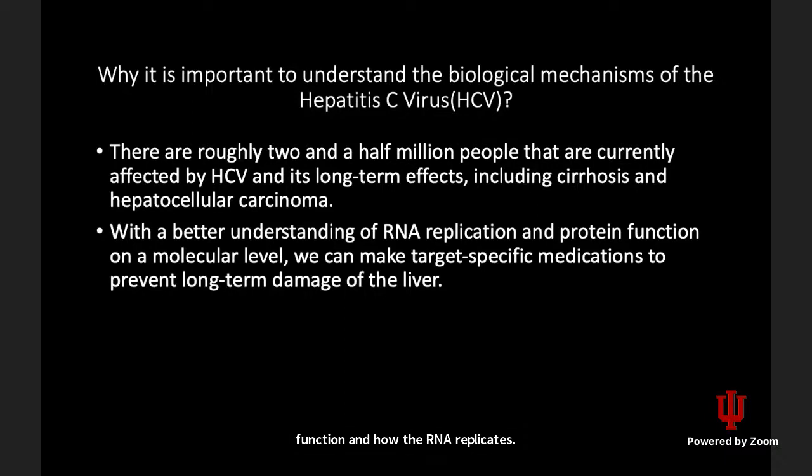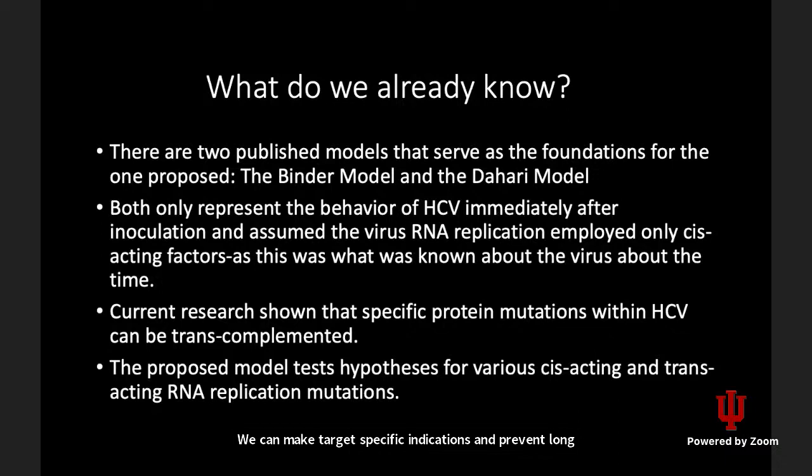and prevent long-term damage. There are two models that serve as foundations for this one, the Binder and the Dahari model. They both basically assume that the hepatitis C only uses cis-acting factors when replicating, because that's what was known at the time. But now current research shows that it replicates using trans-acting factors as well.